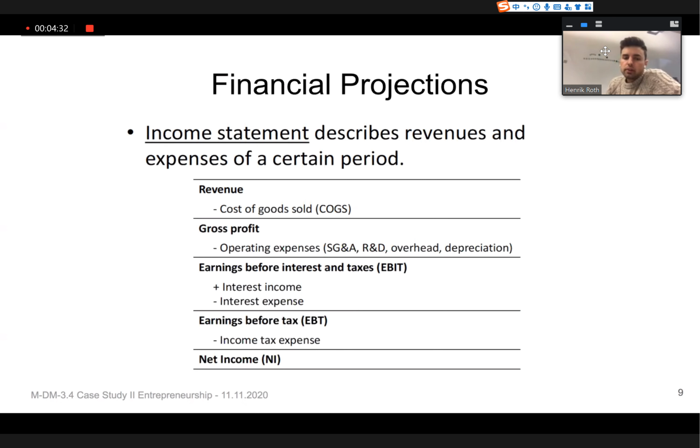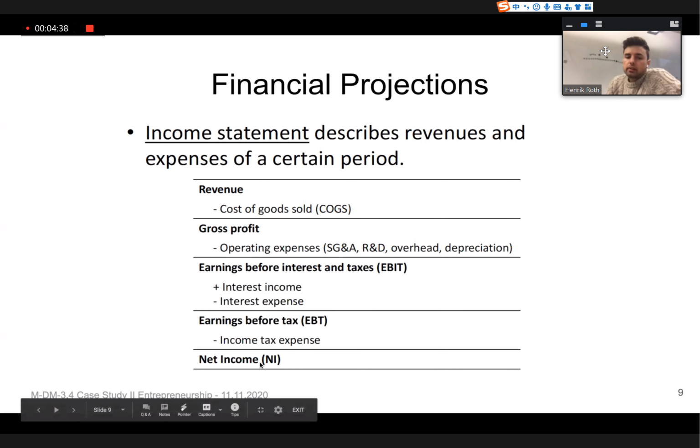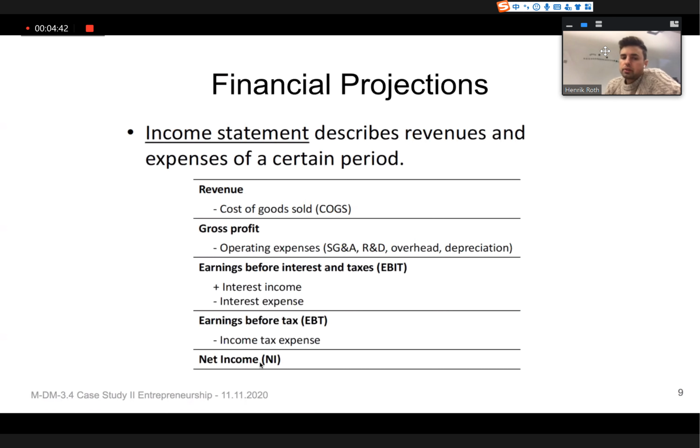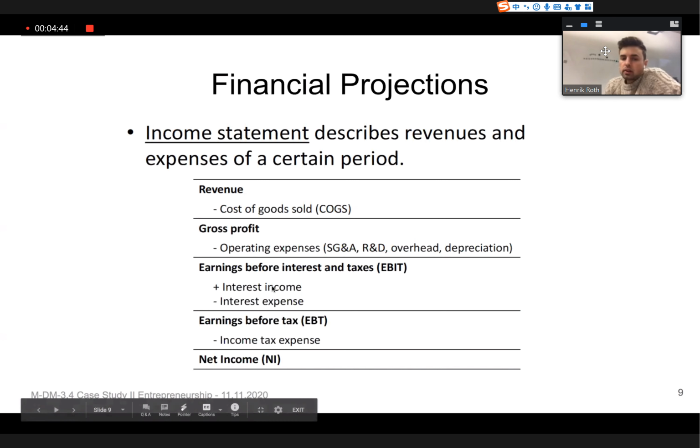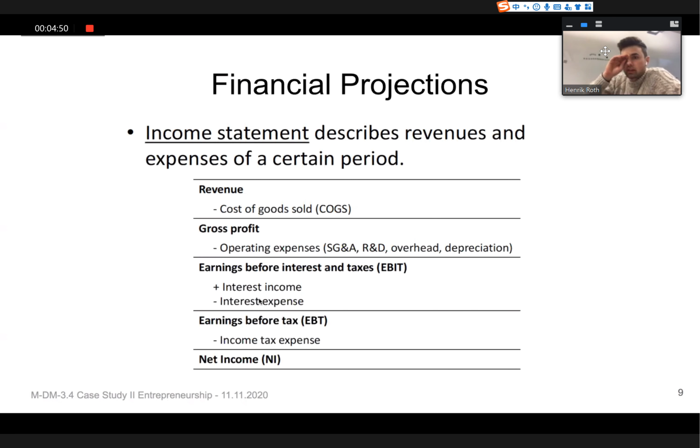And the net income, at the bottom, is basically your profit after you paid all the taxes, after you paid all the interest, like interest to the bank. If you had some credit, for example a loan, you have to pay the interest.